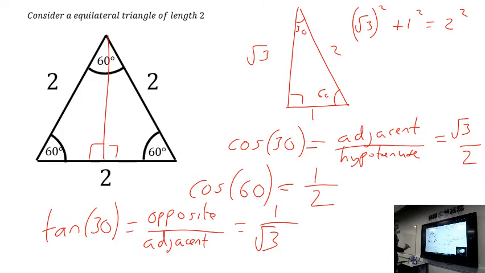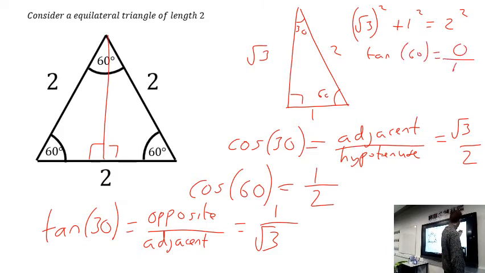And finally we can look at tan 60. That's equal to opposite over adjacent. What's the opposite? Opposite is square root of 3, and the adjacent is 1. And this simplifies to square root of 3.